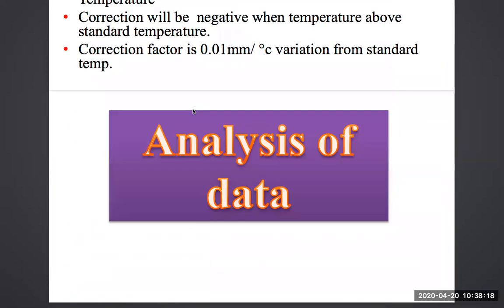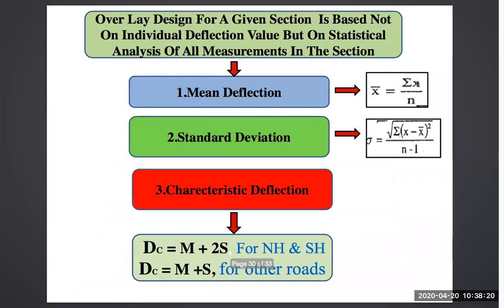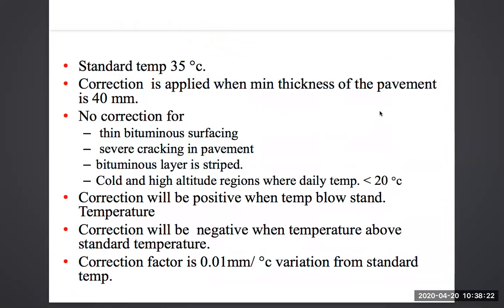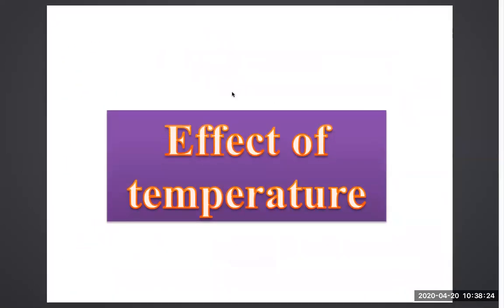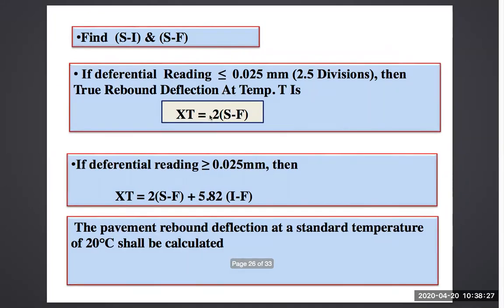This X value is nothing but the true deflection. How do we get this true deflection? Once I subtract these values, I get one X value out of these 3 readings. Initial reading is there, intermediate reading is there, final reading is there.